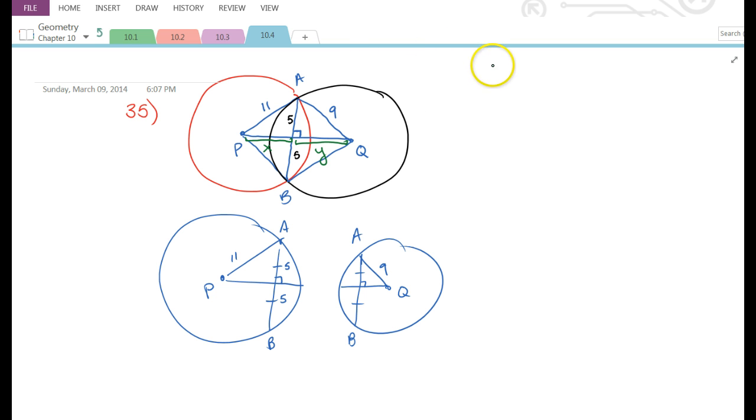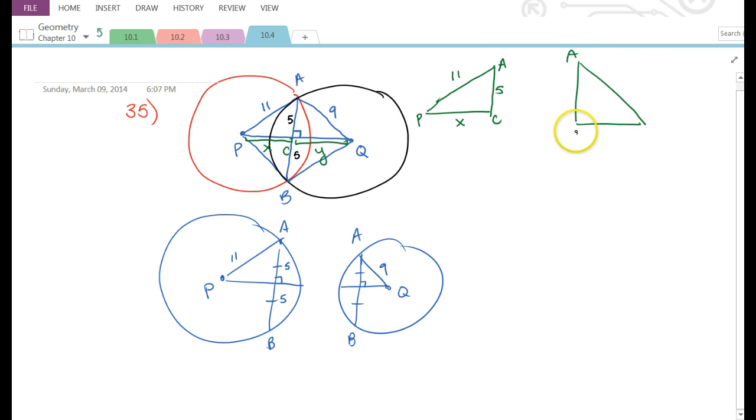So I'll do this triangle here, P, A, and I'll say C for where it meets. This was 11, this was 5, here's X. A, C, and Q. This was 9, this was 5. So when I do my Pythagorean theorem, it's 11 squared equals 5 squared plus x squared.